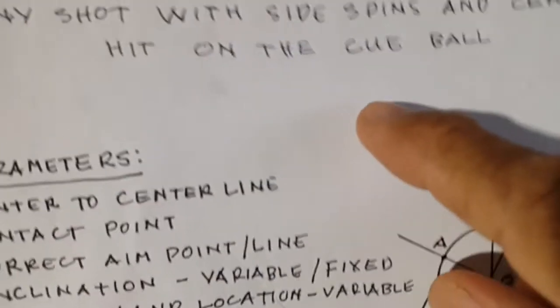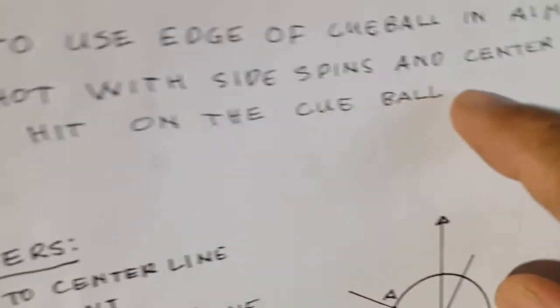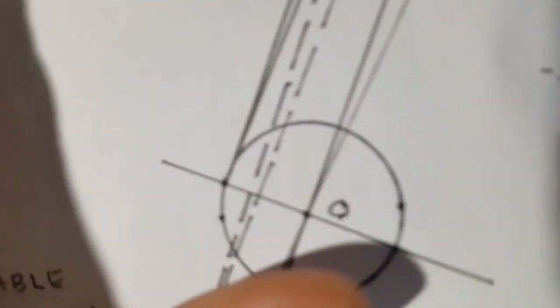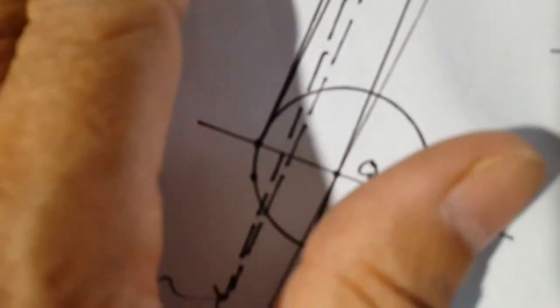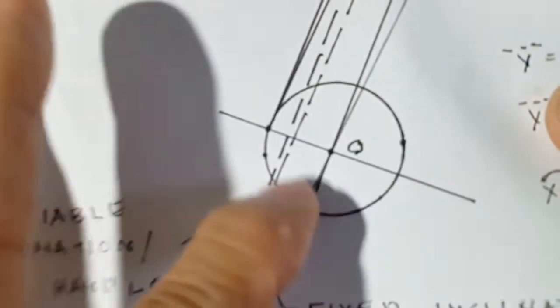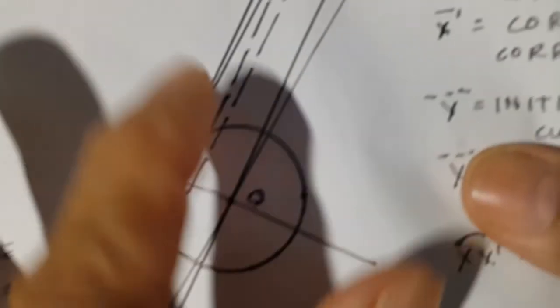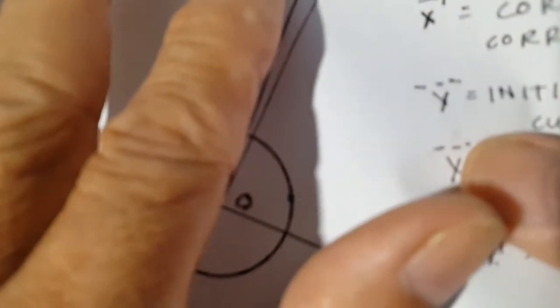For the bridge hand location, since we are aiming with side spins and center ball hit on the cue ball, our bridge location will be variable. For an inside spin, we will put our bridge hand on the inside of this cue ball. For an outside spin, we could use the outside of this cue ball.